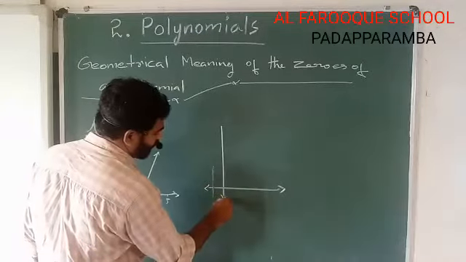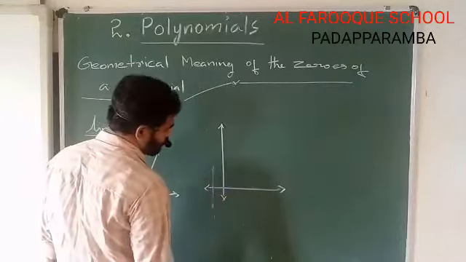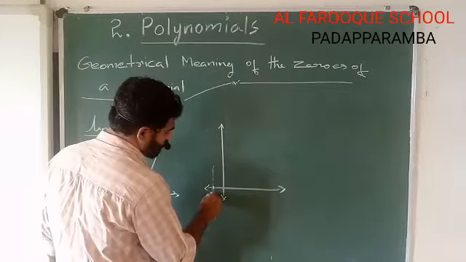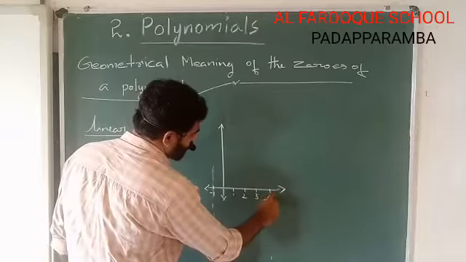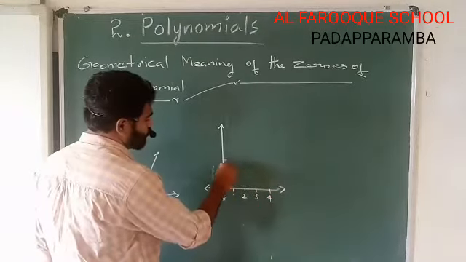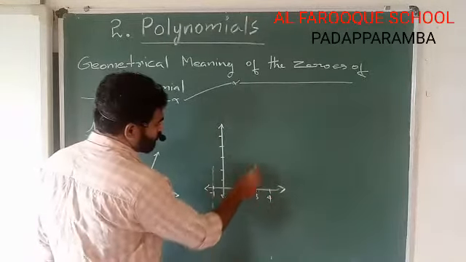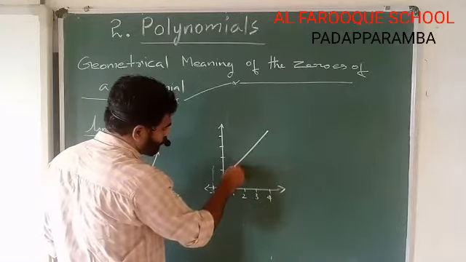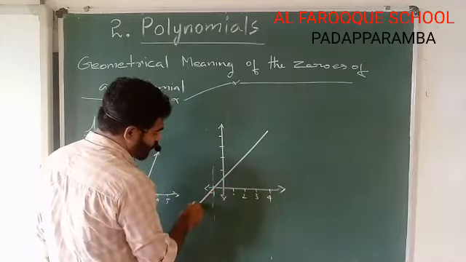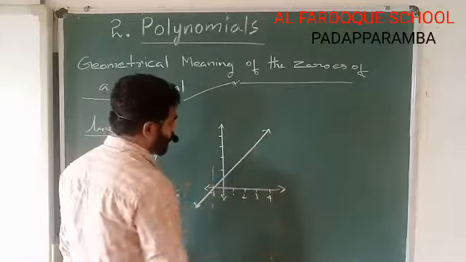Here a graph: 0, 1, 2, 3, 4, like that. The graph is drawn passing through the point.